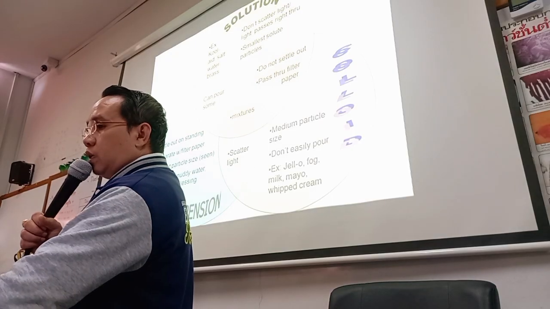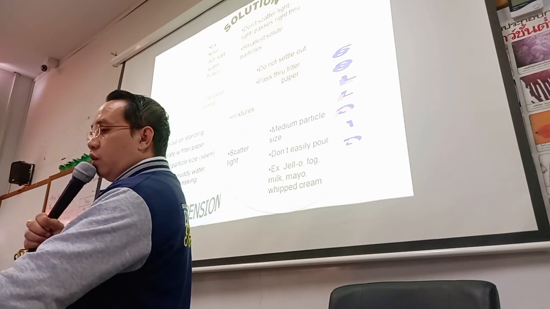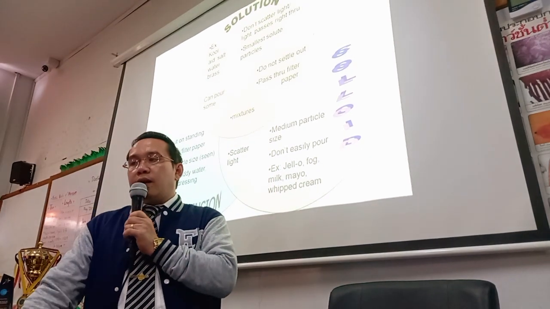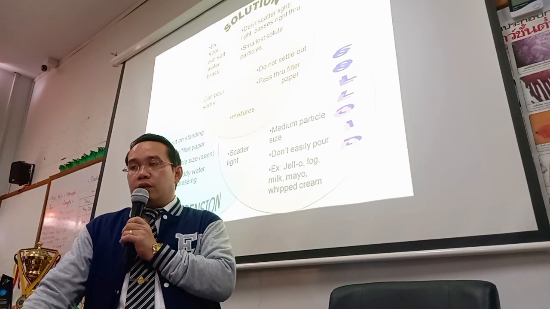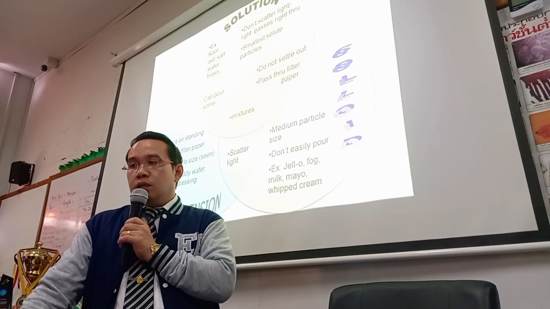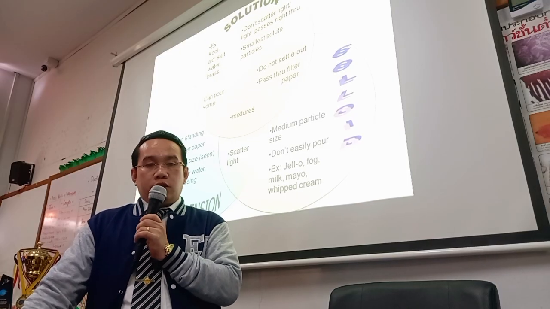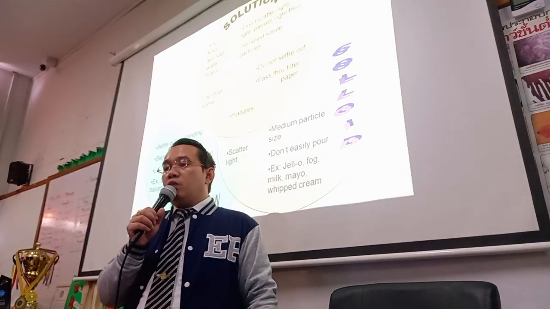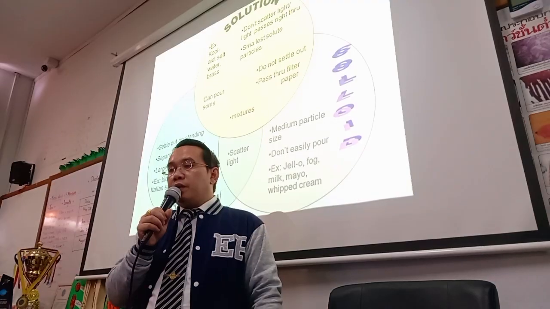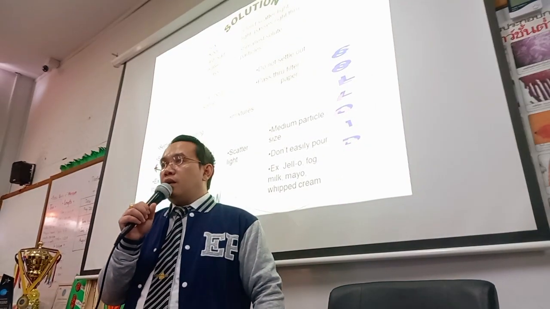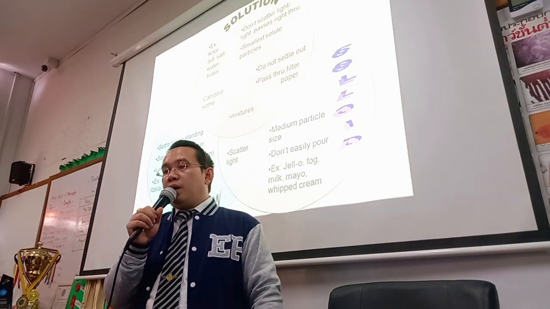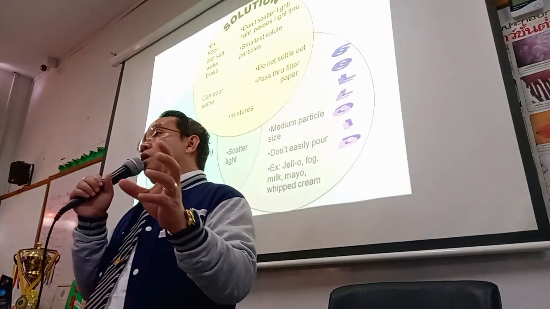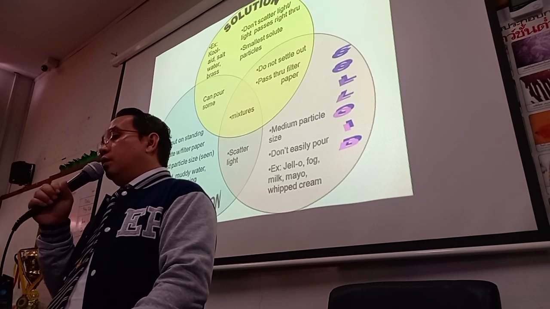As you can see, between solution, suspension, and of course the colloid: solutions don't scatter light and pass through filter paper. Then what about suspension? In suspension, the particles settle out on standing and are separated with filter paper. The largest particle size can be seen, like for example muddy water and salad dressing. Suspension means it's clearly visible.